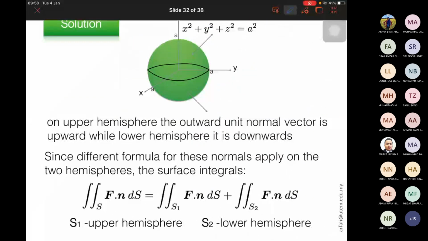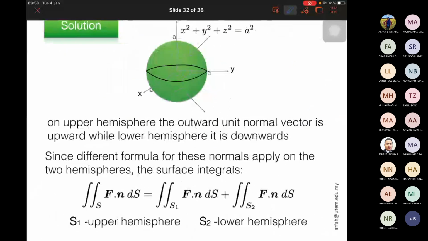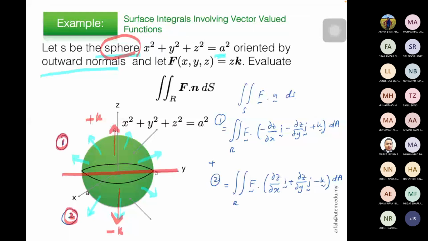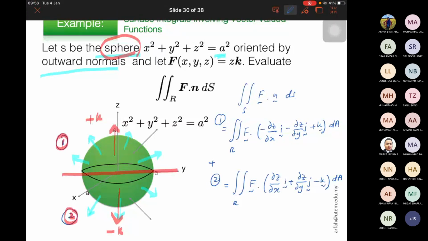So yang ini adalah surface 1. So this is the surface 1. Okay, and this is the surface 2. So surface 1 dia akan jadi satu hemisphere dekat belah atas.